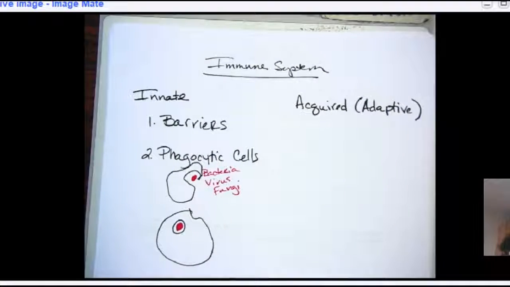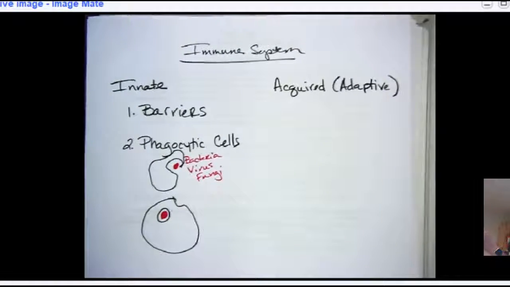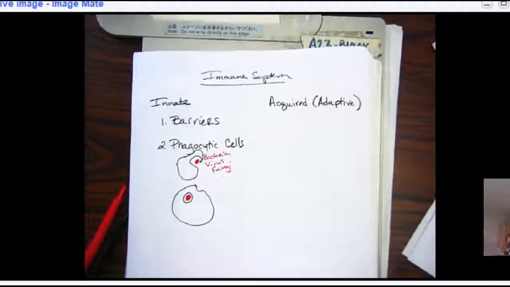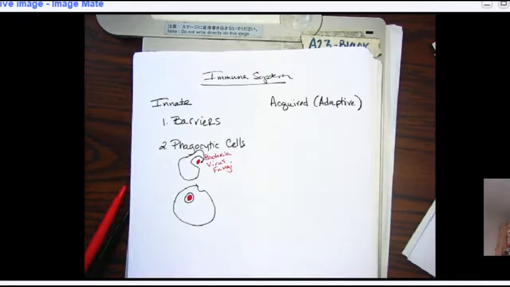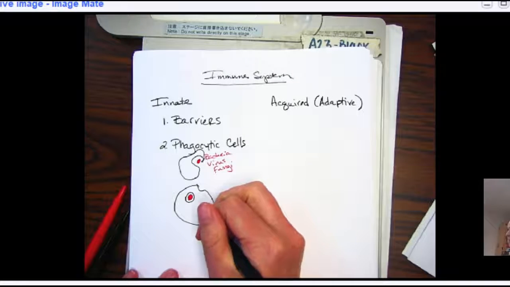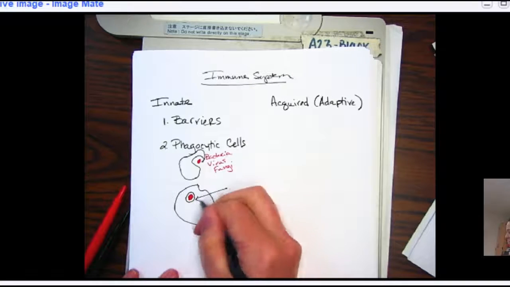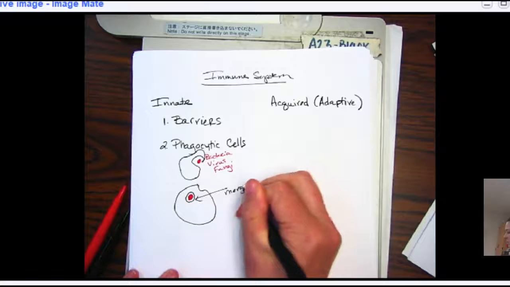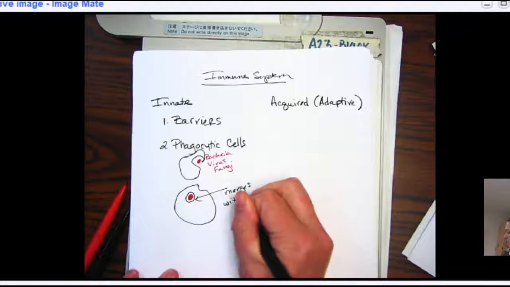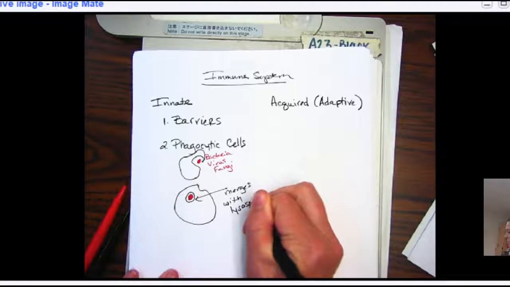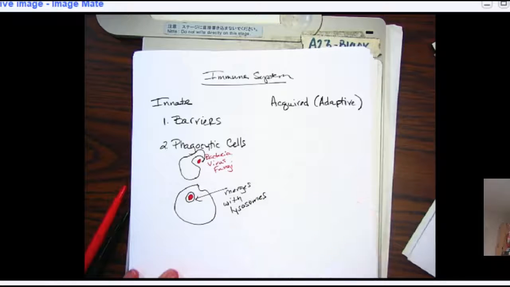What cell organelle will merge with that vesicle to destroy this pathogen? You remember lysosomes? That was way back in Unit 2.